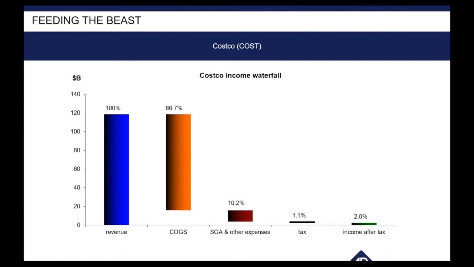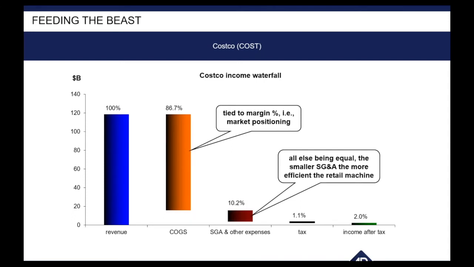Whereas the first column, the cost of goods sold, really depends on what the retailer sells and how they want to position themselves in the market. So high margin for Abercrombie & Fitch, low margin for Walmart or Costco in this case. The SG&A, selling, general, and administrative expenses and other expenses, really depends on the efficiency of the retailer.